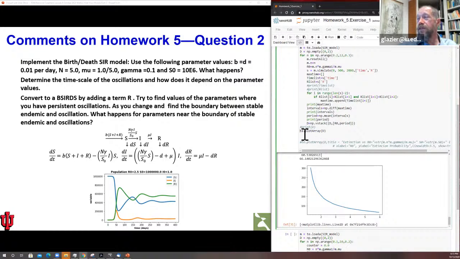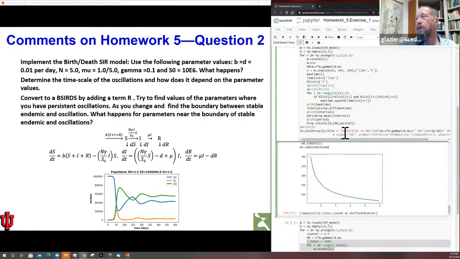So if I now use my fancier plot function, it would be period versus R naught. The Y label would be period. And the X label should be R naught.